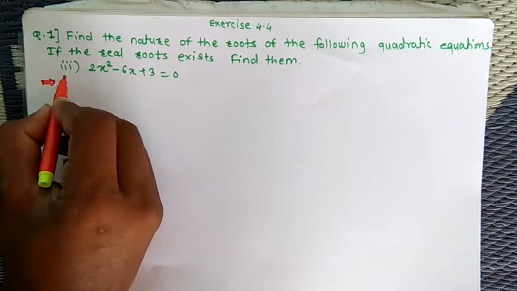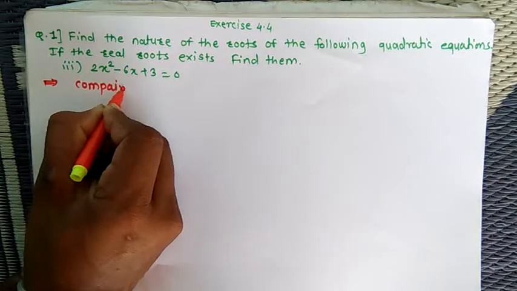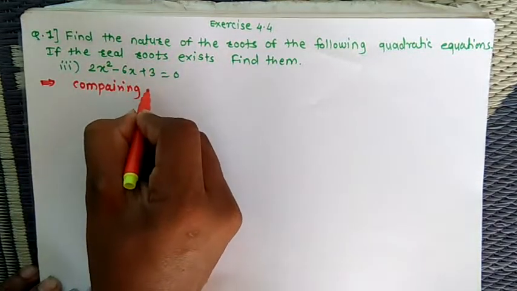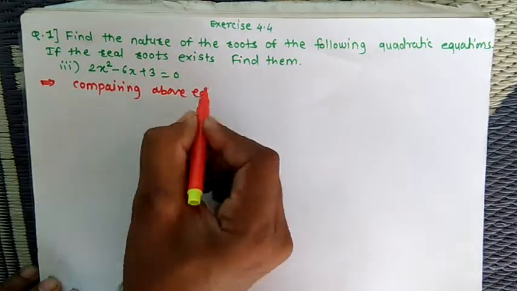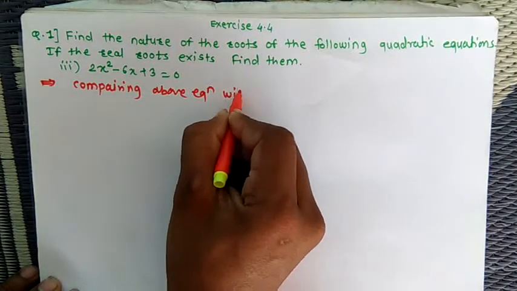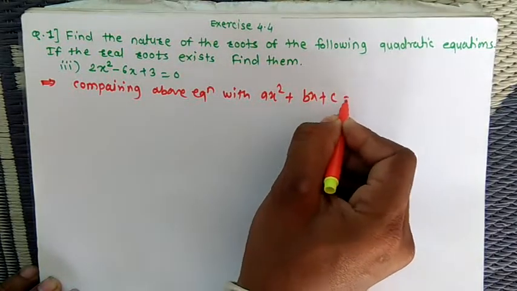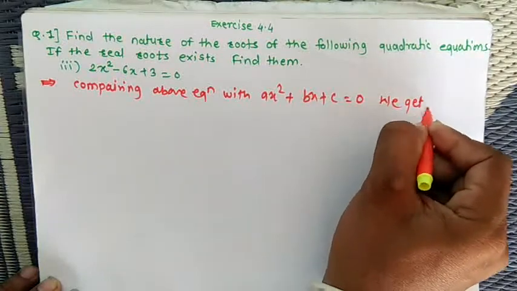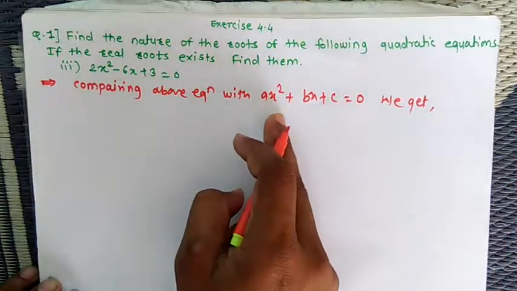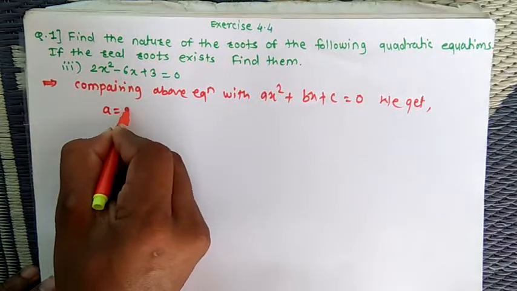First, comparing the above equation with ax square plus bx plus c is equal to 0, we get a is equal to 2.